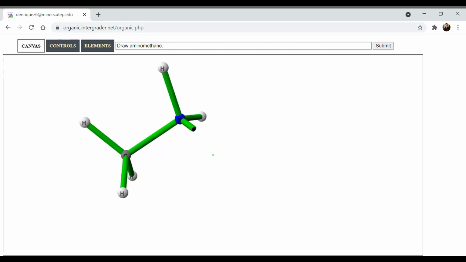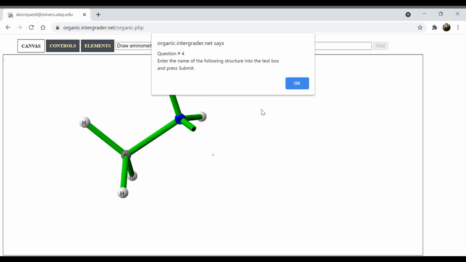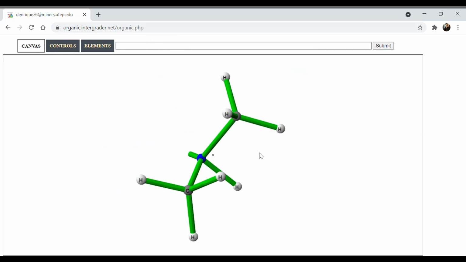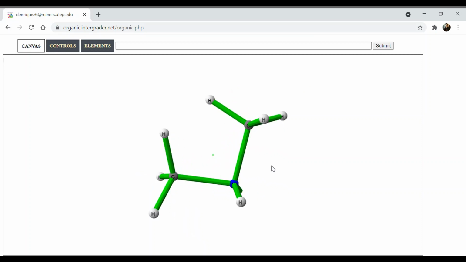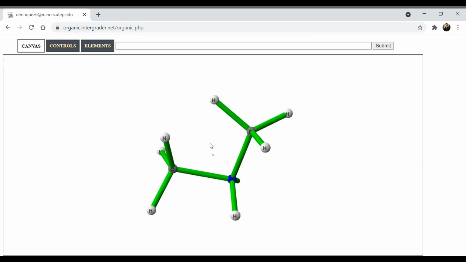Okay, aminomethane: I drew my methane, and I just added an amino. Some of them are pretty straightforward, like this one. And it can be frustrating when you think you've got it, and it turns out to be wrong by one letter.